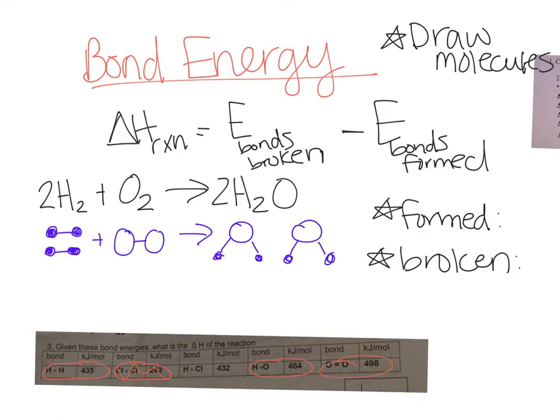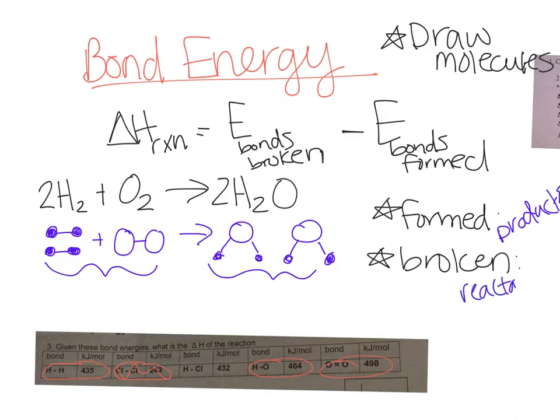So you have to be thinking logically here, okay? And which ones are going to get broken and which ones are going to get formed. So you got to decide reactants or products. Which ones get broken? The reactants, right? So obviously these guys have to get broken apart in order to reform those. So the formed are always going to be your products. And your broken are going to be your reactants.